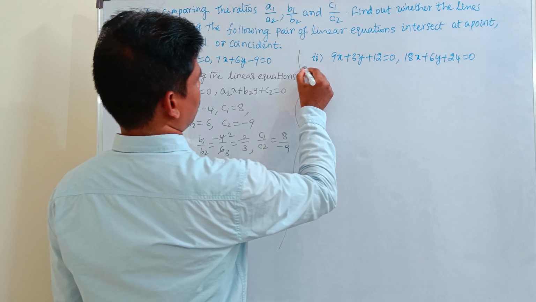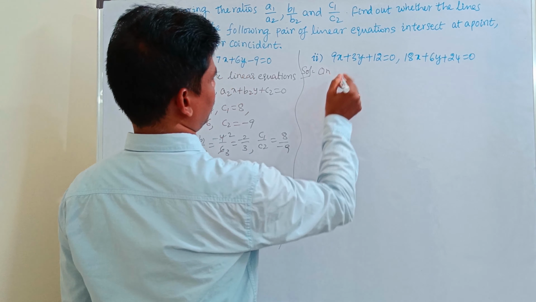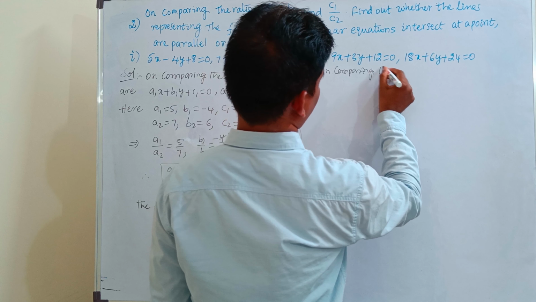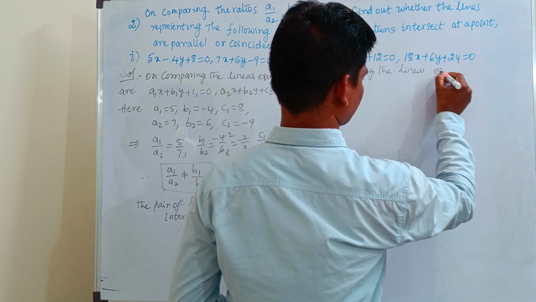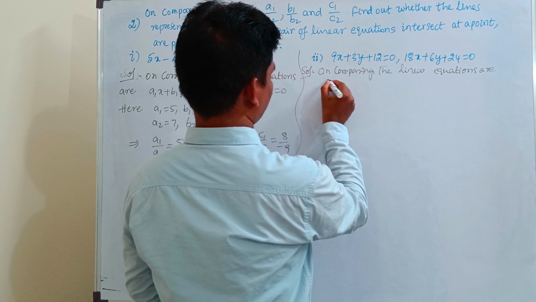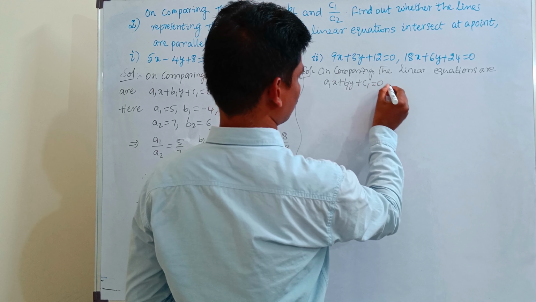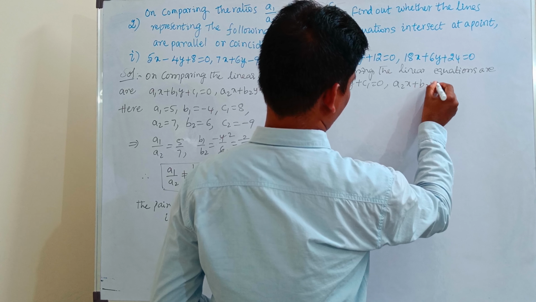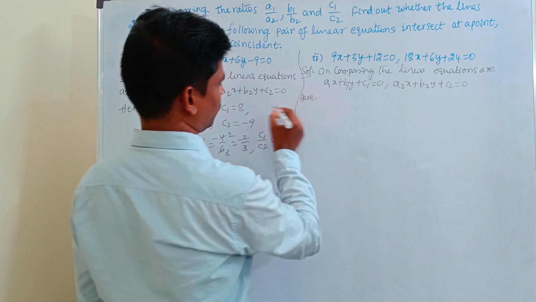So first, on comparing the linear equations: a1x plus b1y plus c1 is equal to 0, a2x plus b2y plus c2 is equal to 0, and write the coefficients.